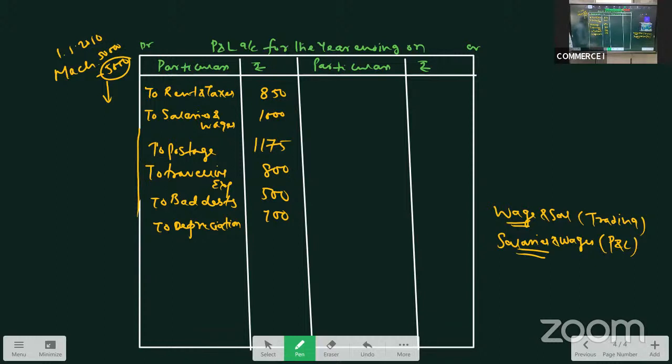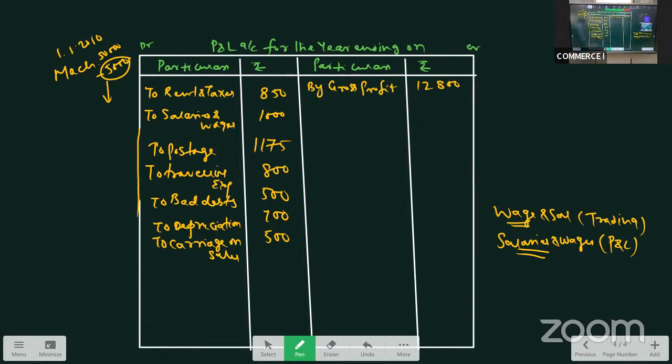Then carriage on sales. Carriage on sales is given as 500. Then gross profit. By gross profit, we have 12,800.